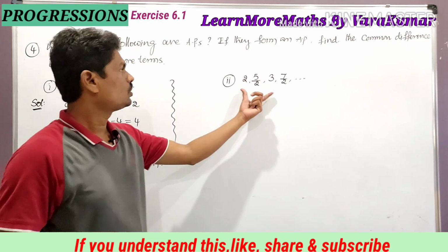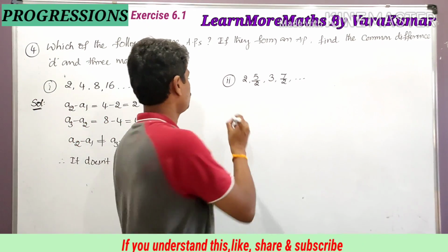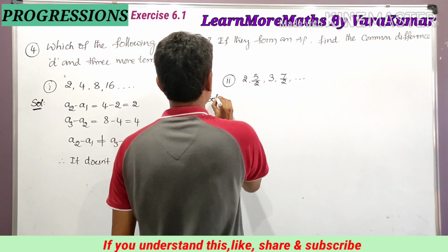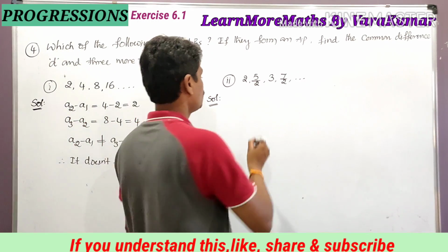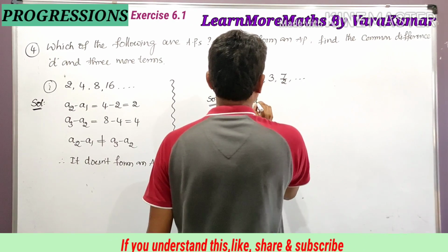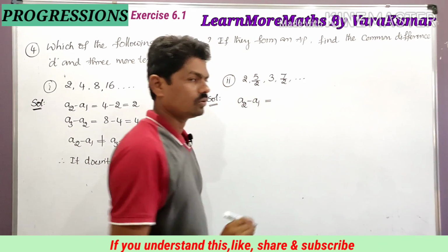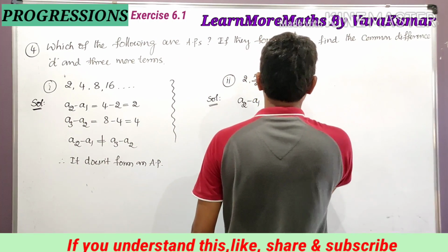Next one more. So 2, 5 by 2, 3, 7 by 2 and so on. So first we have to check whether the given series forms an AP or not. So here again we have to find the common difference. A2 minus A1 is equal to, so A2 is 5 by 2, student, minus A1 is 2.